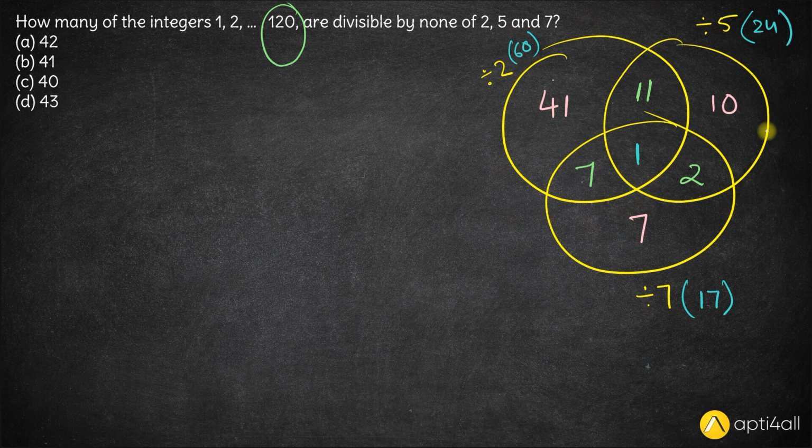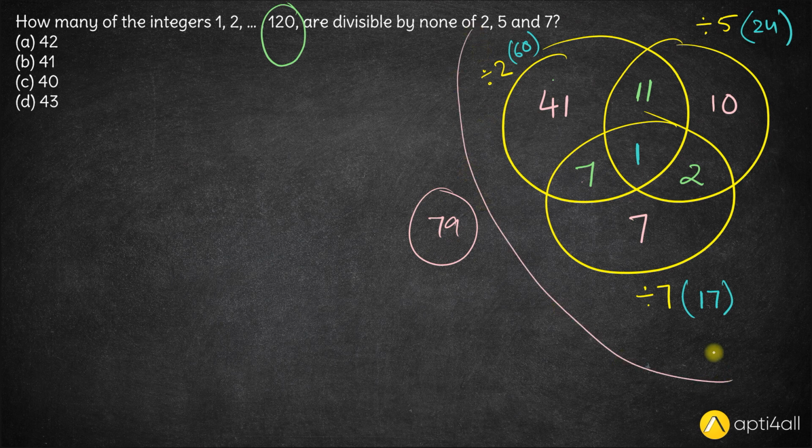So all these are numbers divisible by at least one of 2, 5 or 7. If you add all these numbers, 60 plus 10 is 70, 70 plus 9 is 79. So these 79 numbers are divisible by at least one of 2, 5 or 7.